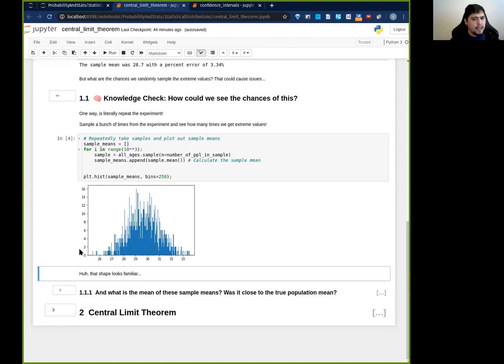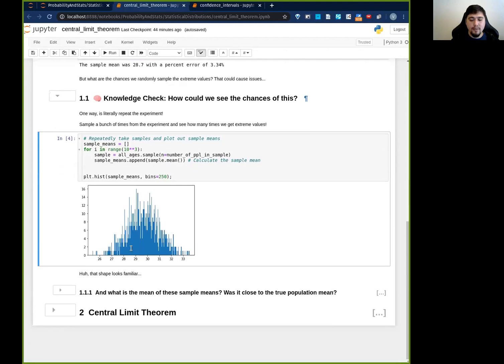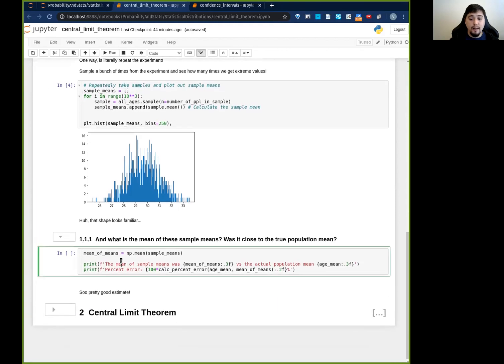That might be a little unexpected when you think about it, because the population was not a normal distribution, so you wouldn't necessarily expect to pull that. But it turns out that if we sample multiple times and look at those means, we actually get a normal distribution. This is exactly what the central limit theorem is.